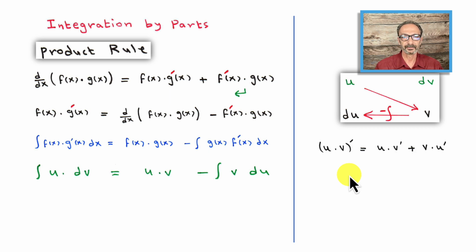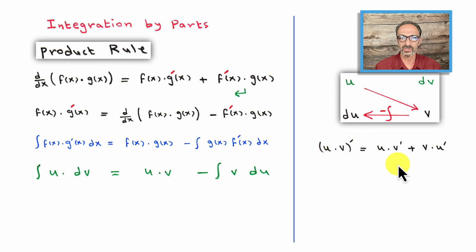So we have u v prime, the derivative of u times v, the product rule, will give you u v prime plus v times u prime. Once you find the derivative of v, once you find the derivative of u, and you alternate, you end up with the sum of these two terms.